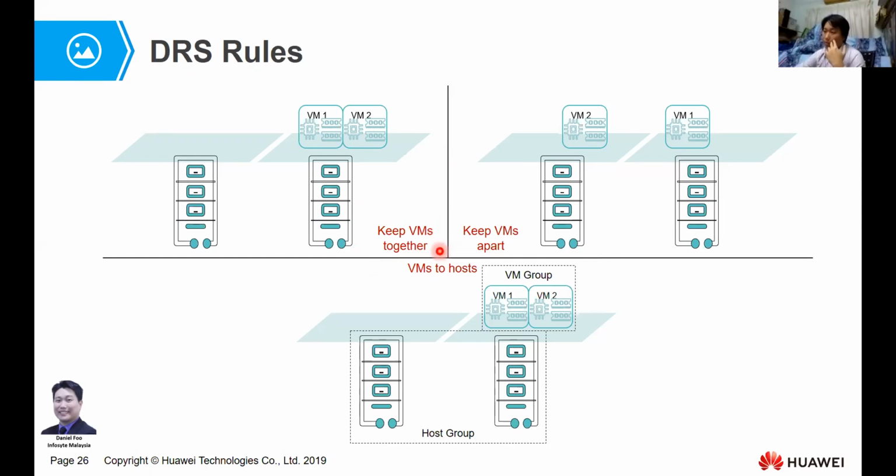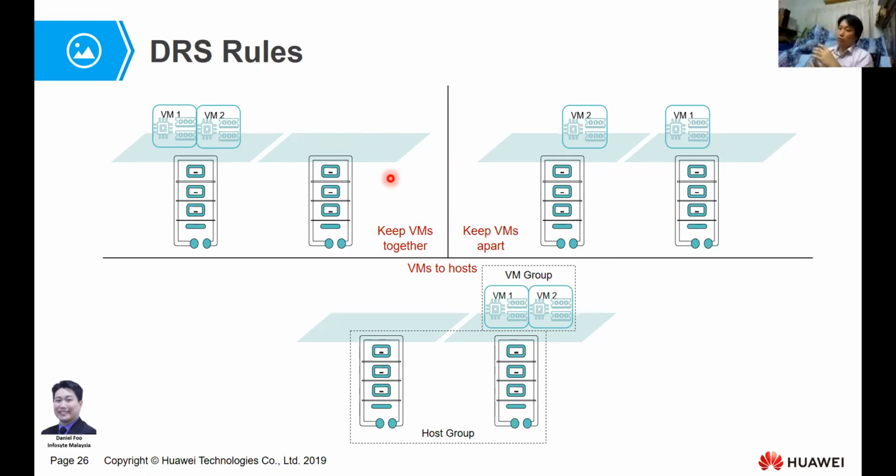So I can create a rule saying that virtual machine 1 and 2 should run on the same host, because they might be doing some internal communication, and you would like them to happen within the same CNA host. With this feature, your virtual machines will move in a group.